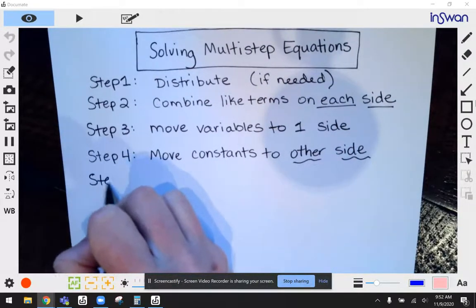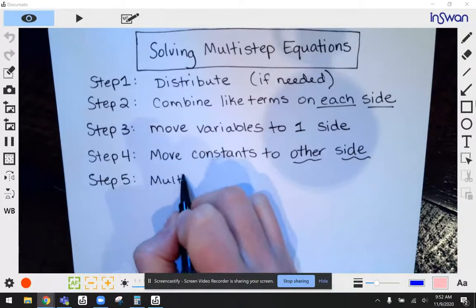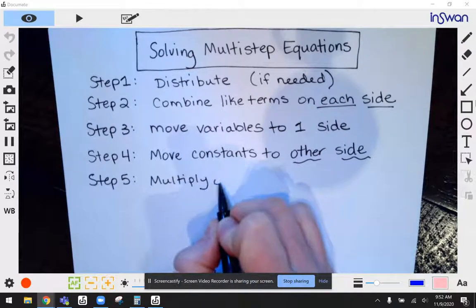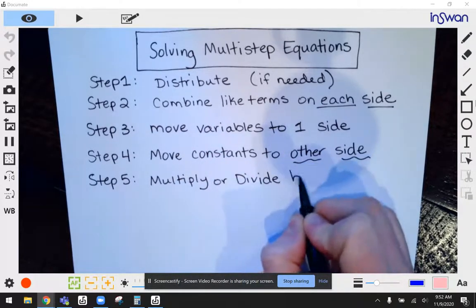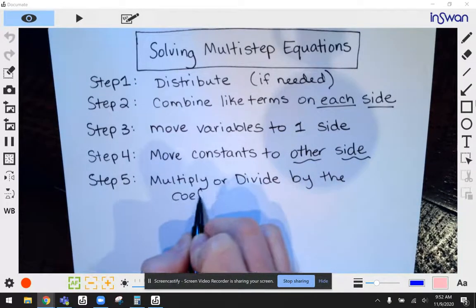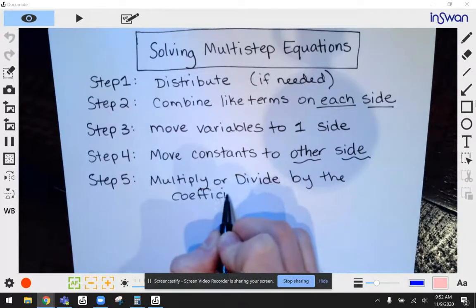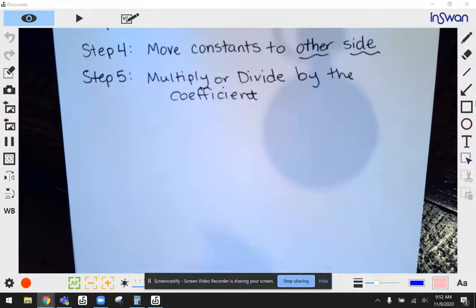And then finally, step 5 is going to be to multiply or divide by the coefficient. Remember that coefficient is that number with the variable. Okay, so once you have these steps down, we're going to move on to our examples.